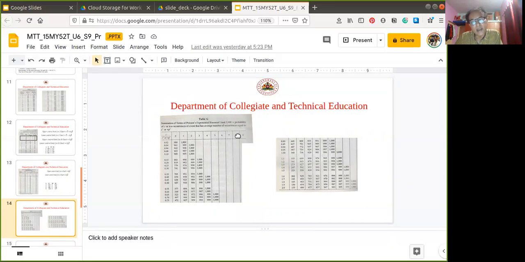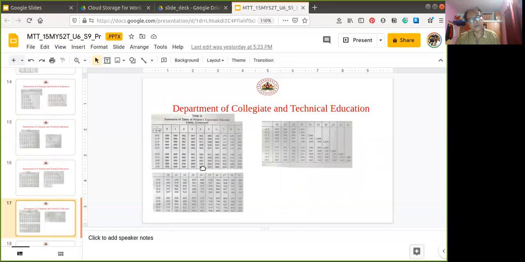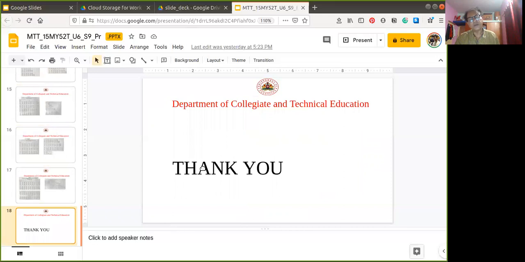With respect to the product of NP dash and the acceptance number C, we get the values here, which are the probability of acceptance. We select these values and draw the graphs. So these G tables are used in the construction of the OC curve.